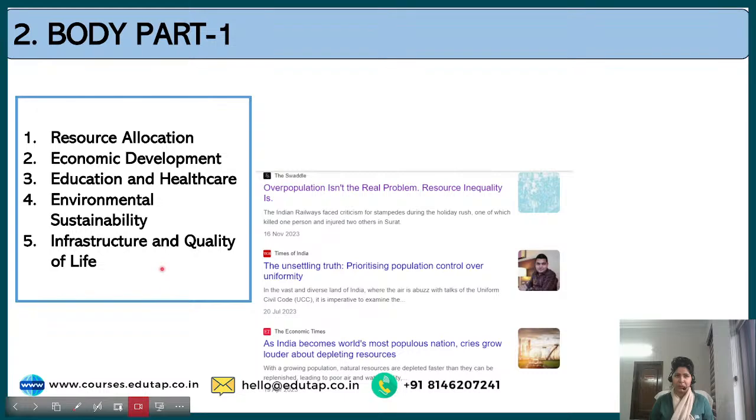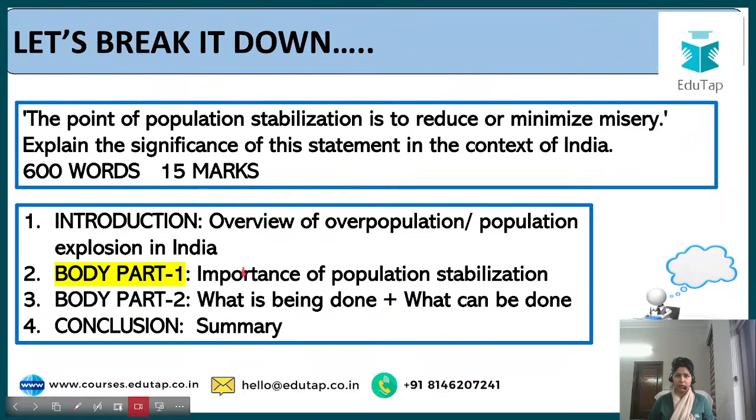Now I want you to take note here, you have to talk about the importance of population stabilization. That means what happens when you carry out population stabilization, what is the positive aspect of it. See, you can answer this question in two ways. Either you can talk about the harmful effects of overpopulation, which you have already lightly touched on in the introduction. The second aspect is, overpopulation is there on one hand.